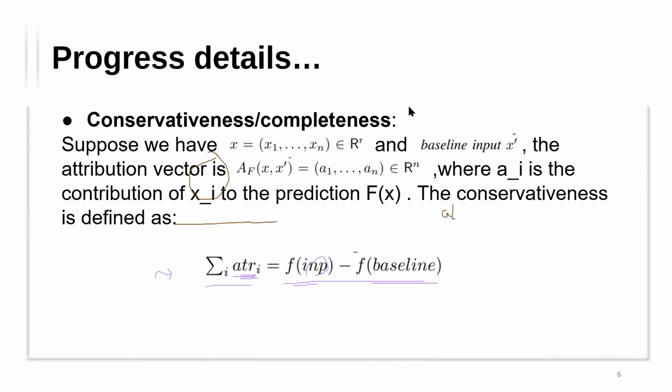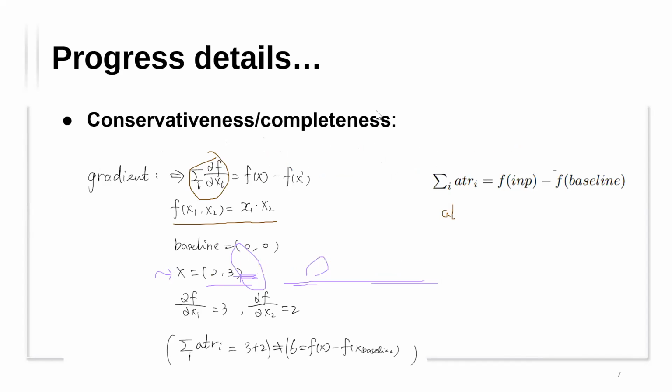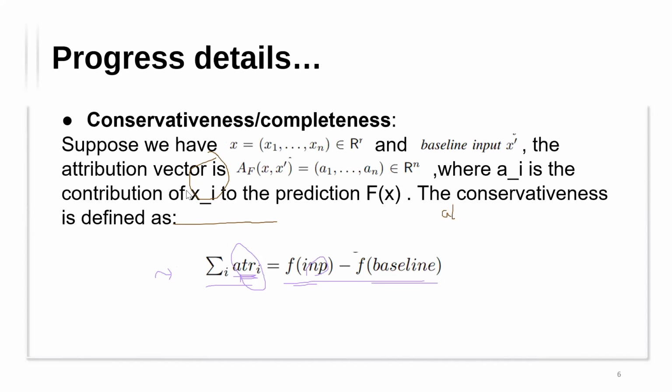And how do we calculate the attribution Ai? But I haven't got it right. So here i means the dimension i. Here we have x1, x2 to xn.